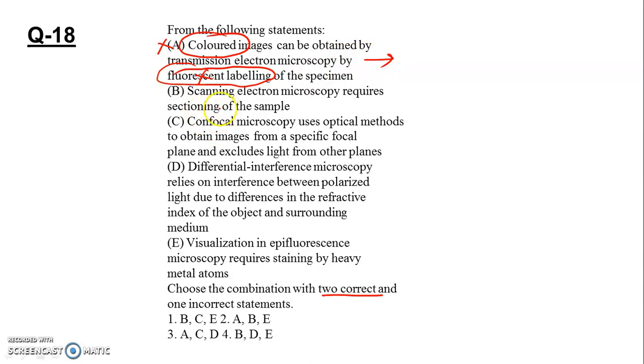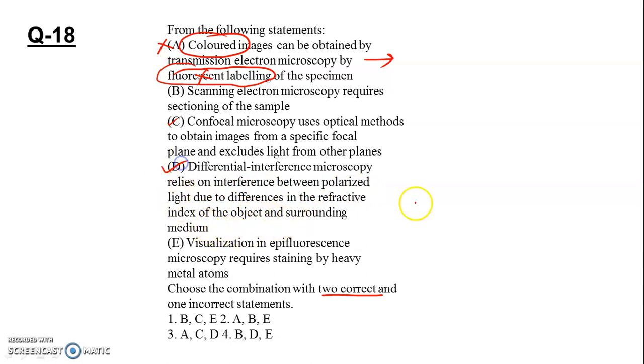Now option B, scanning electron microscopy requires sectioning of the sample. Yes. Confocal microscopy uses an optical method to obtain images from a specific focal plane, excluding light from the other planes. This is also correct. Differential interference contrast microscopy relies on interference between polarized light due to differences in the refractive index of the object and the surrounding medium.